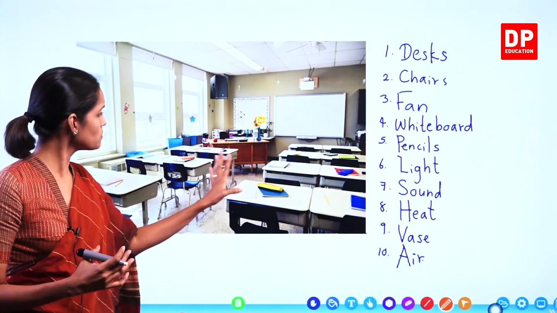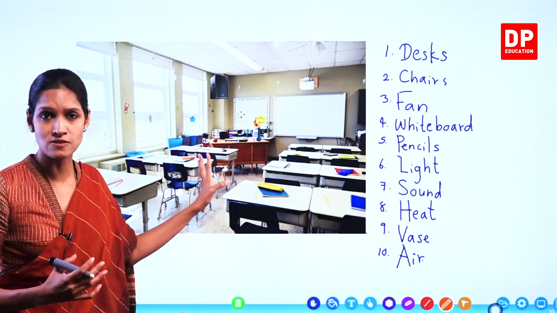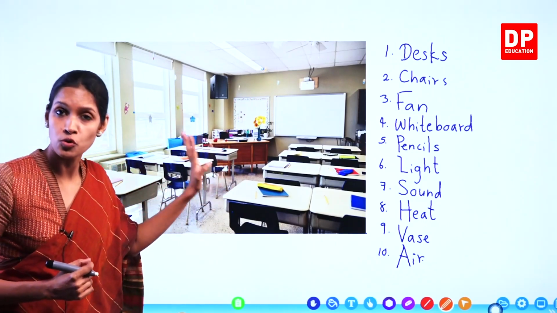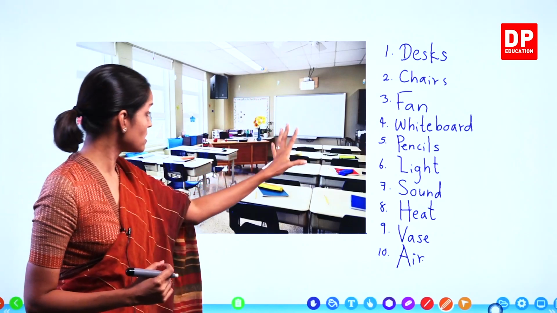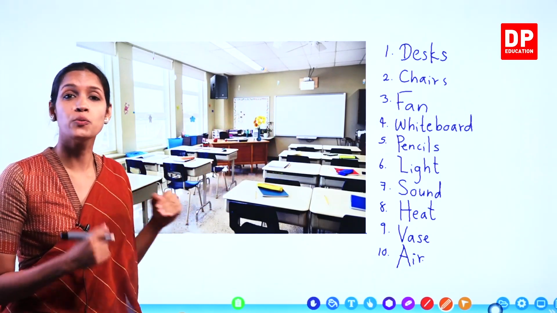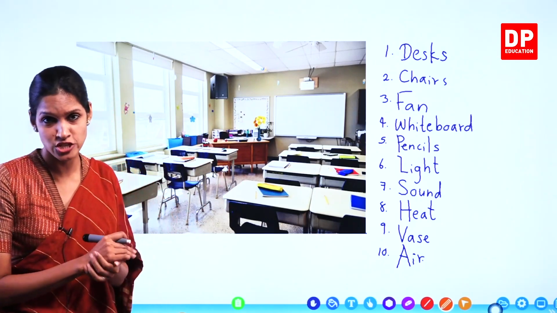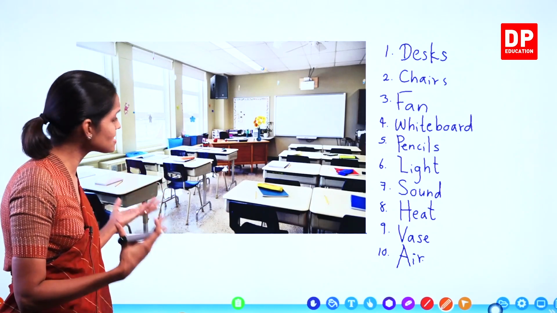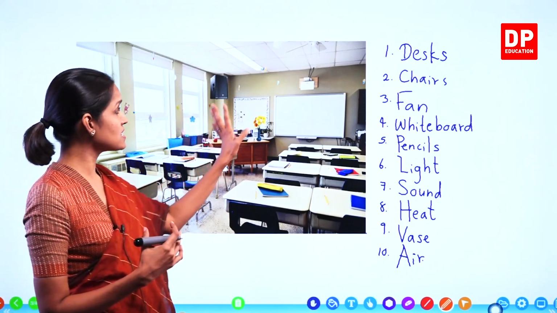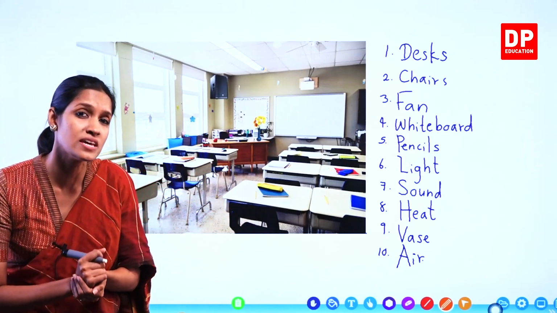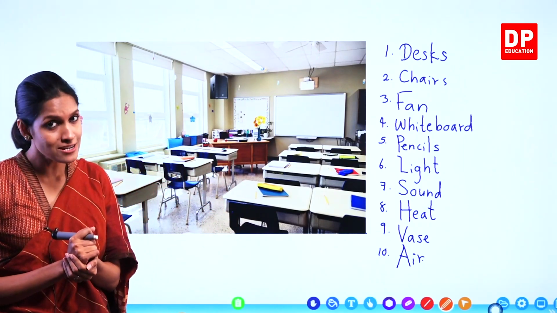We will be able to put many other desks as well, but at some point we won't be able to put more, because when this entire room is filled with desks and chairs, we can't put more desks and chairs into this classroom. What is the reason, children? That is because these desks and chairs occupy a certain space in the environment. Understand?